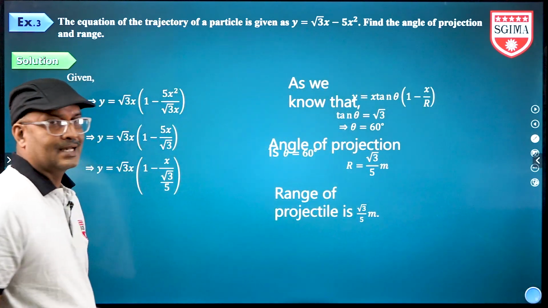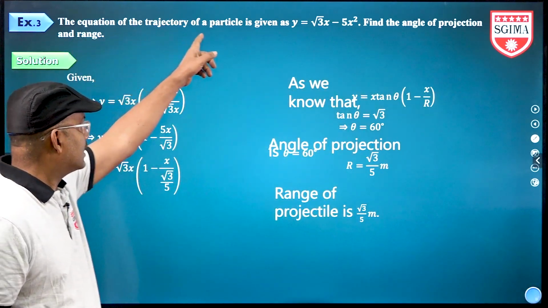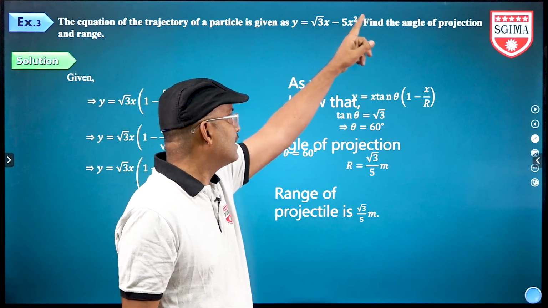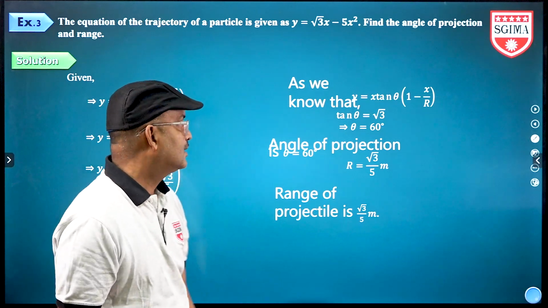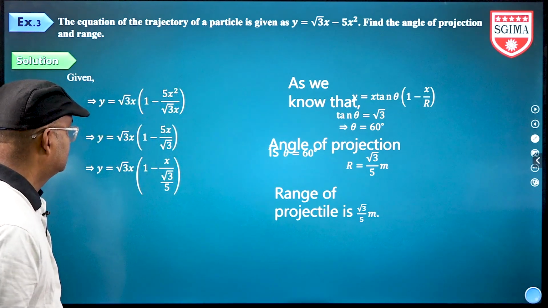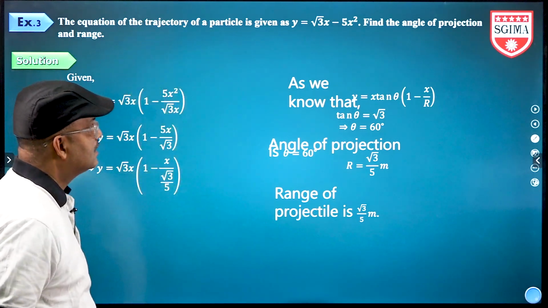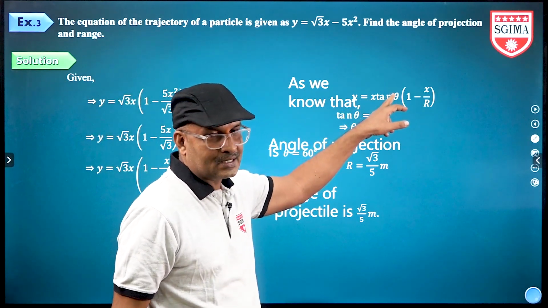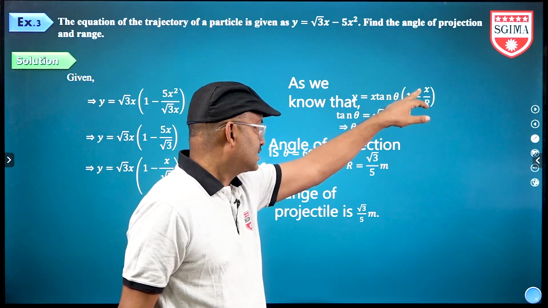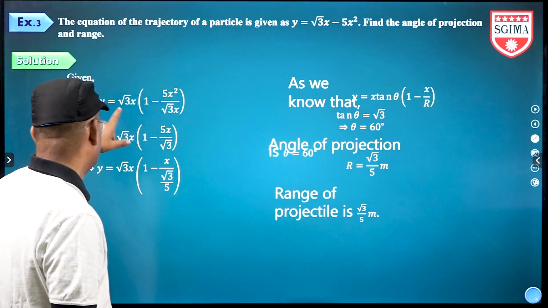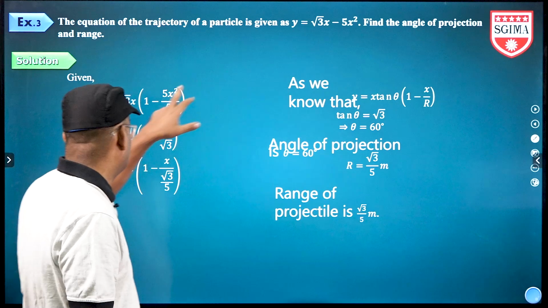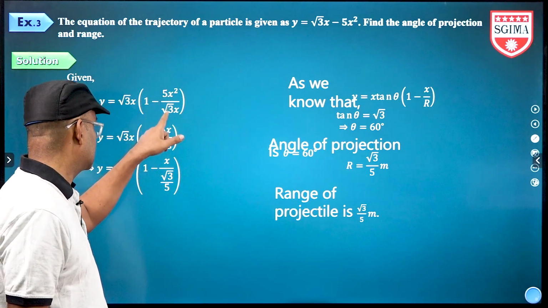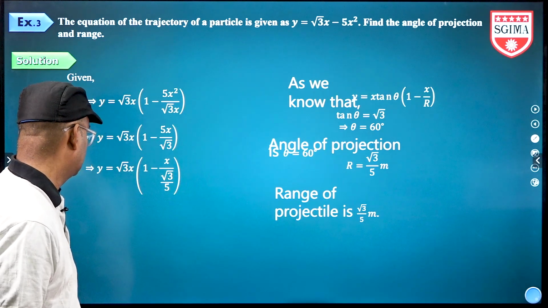So, I am giving one example for that. The equation of trajectory of a particle is given as y is equal to root 3 x minus 5x square. Find the angle of projection. So, I am converting this equation into the form y is equal to x tan theta into 1 minus x by R. How do I convert? y is equal to root 3 x common, 1 minus 5x square by root 3 x.